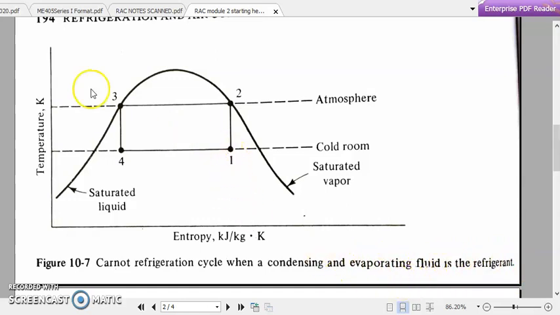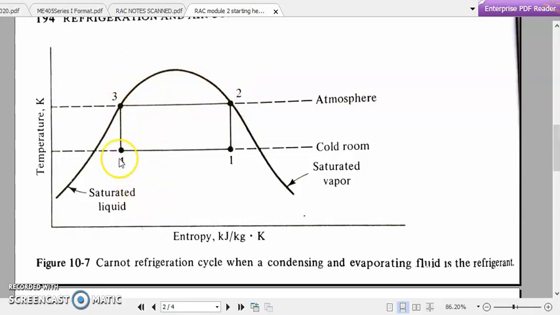So this is the TS diagram for a refrigeration system where a working fluid which can evaporate during the heat absorption or refrigeration process and condense during the heat rejection process is used.